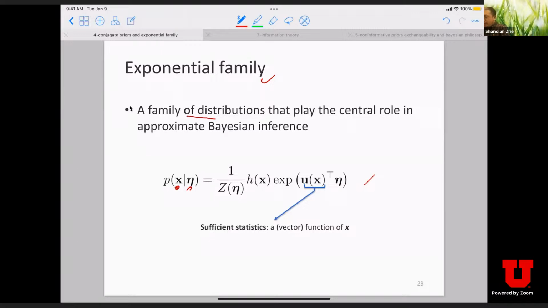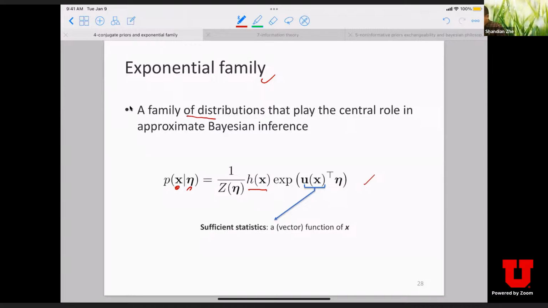First we have h of x, which is a function of x that has nothing to do with eta. It just gives you some extra flexibility if you want to introduce some component out of control of the exponential family. But in most cases, you can just set h of x to be 1, a constant.